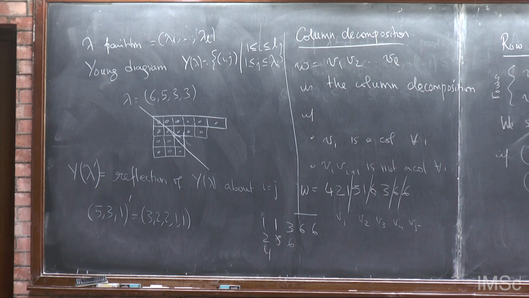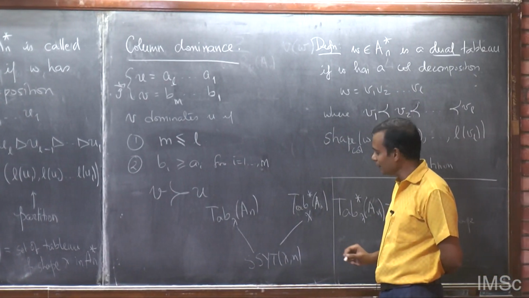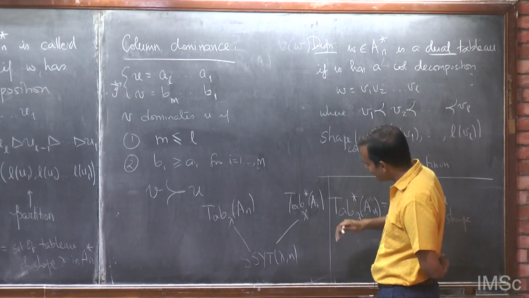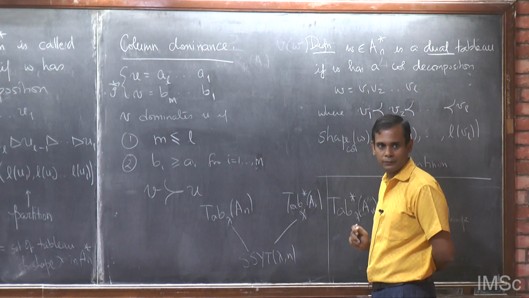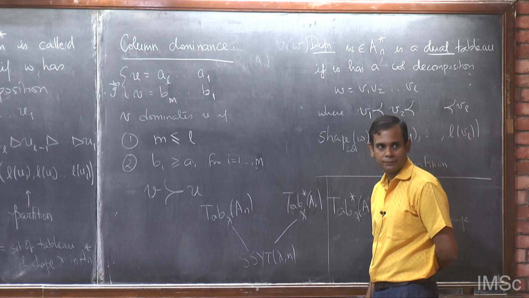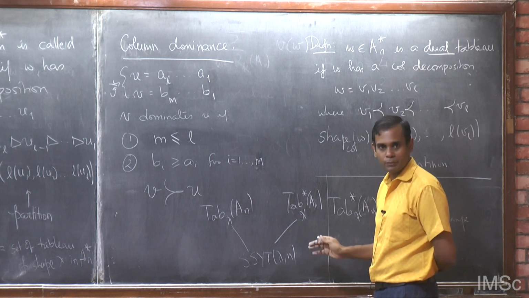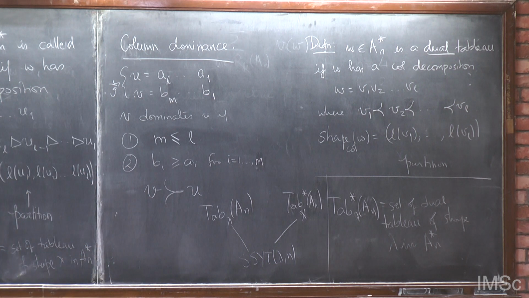On the other hand, if you have a dual tableau of shape lambda prime in A n, it gives you a semi-standard Young tableau of shape lambda in A n by the method of writing the columns from bottom to top aligned on top. Here you write the rows from left to right aligned on the left. So, these are equinumerous things, and we get two different expressions for the Schur function in terms of these things.